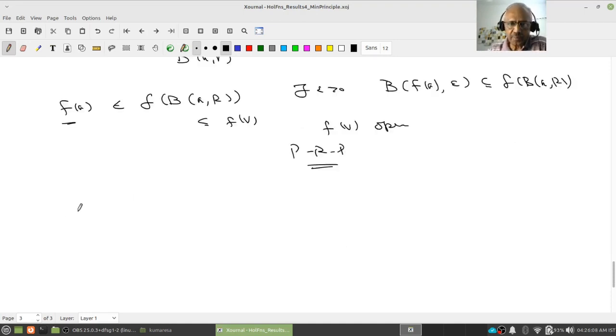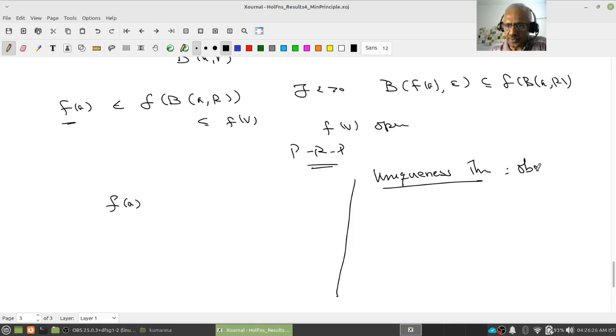So how do I plan to do that? The first thing is, again we are going to use the uniqueness theorem. Let us look at f of a. Do you remember, after the uniqueness theorem I made an observation. What is the observation?